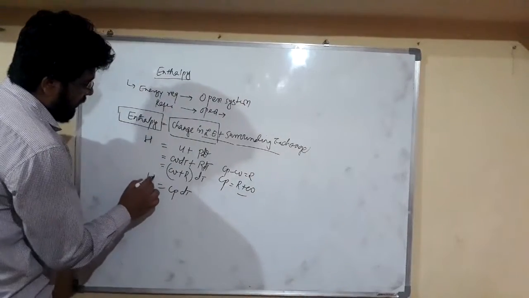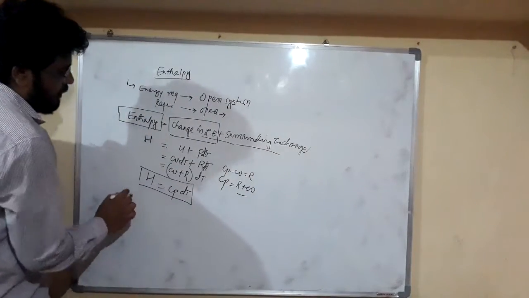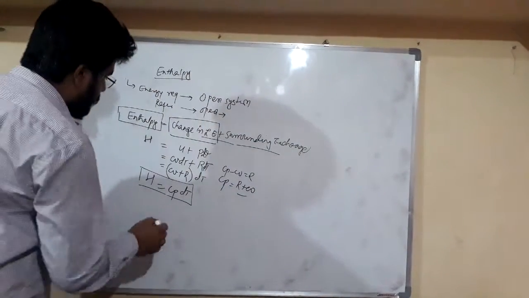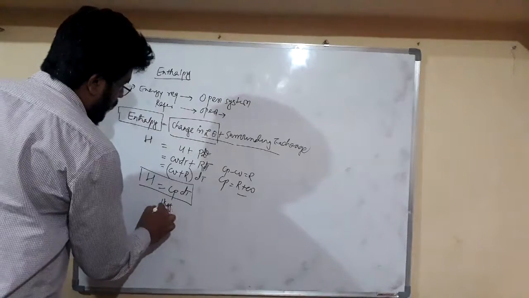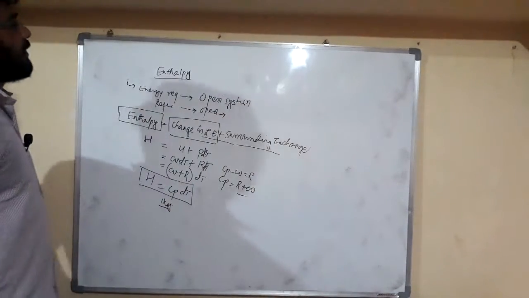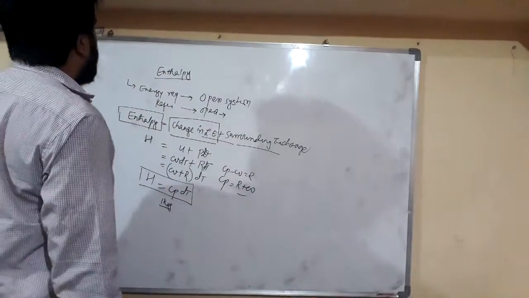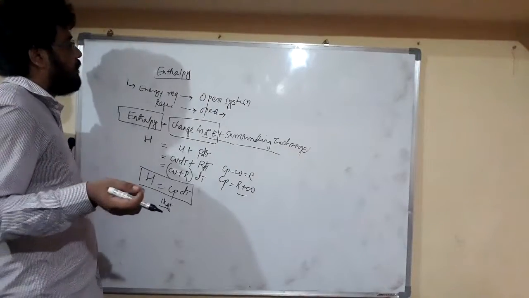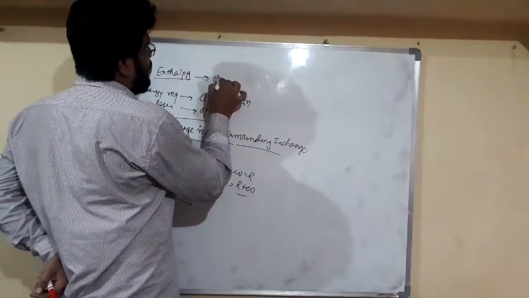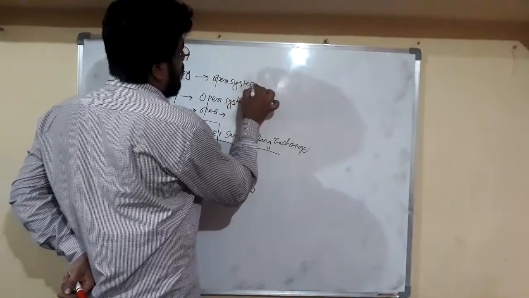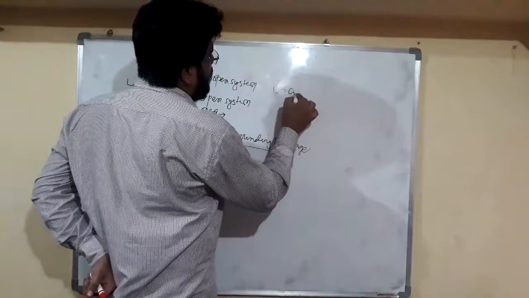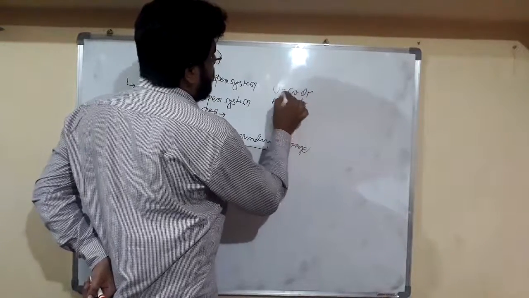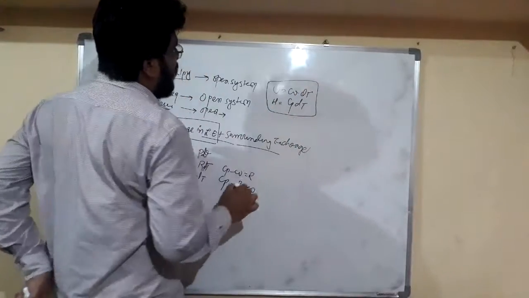So our enthalpy H is equal to Cp dT. Here mass is equal to 1 kg, or mass is unity. So friends, we can differentiate internal energy and enthalpy: internal energy in case of our closed system, and enthalpy referred to open system. U equals Cv dT and H equals Cp dT. This is the basic difference between enthalpy and internal energy.